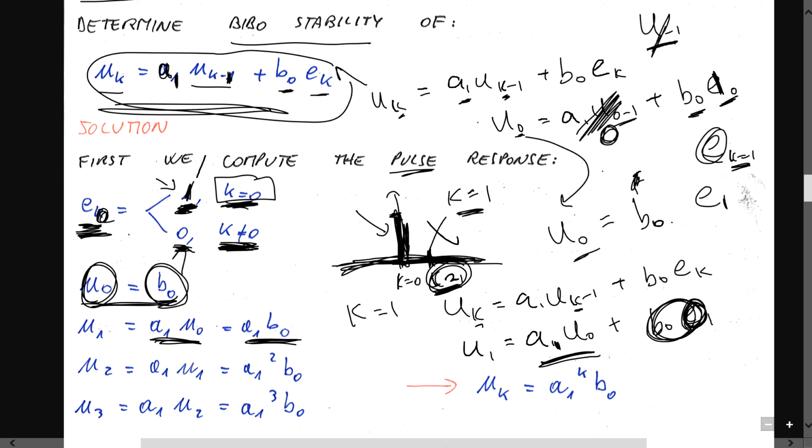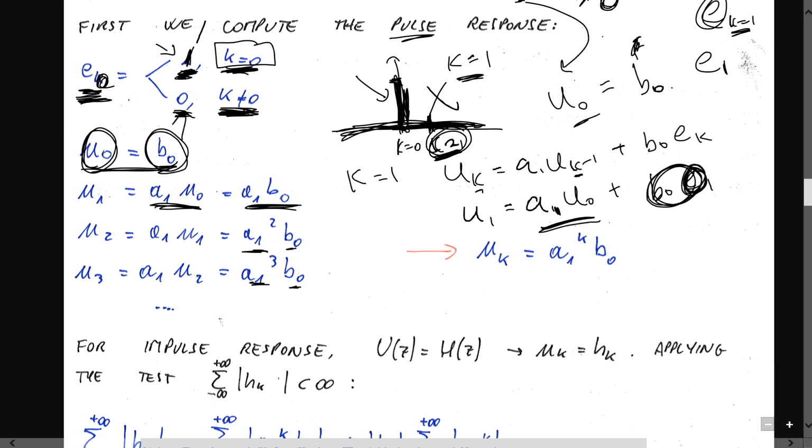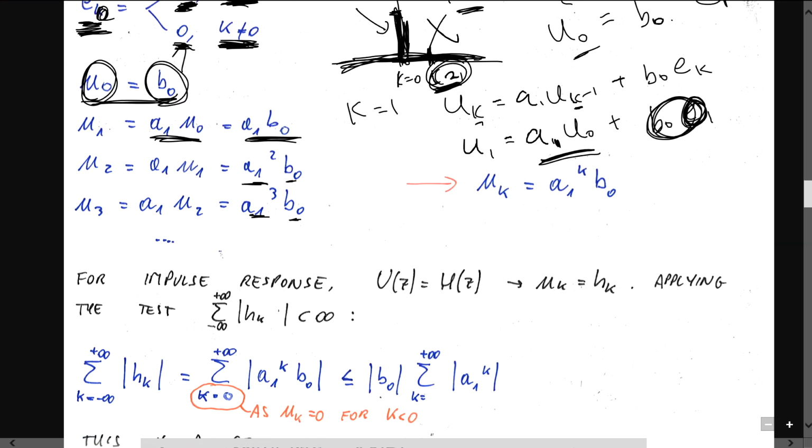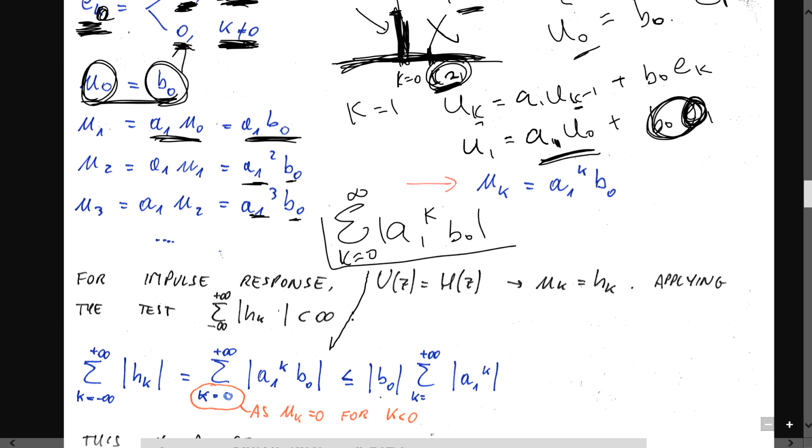And for the next continuous steps, you just do it yourself. You will eventually prove that you have A1 square B naught, A1 cube B naught, etc. So therefore, if you were to do a summation, you'll have A1 to the power k, B naught, summation from k equals 0 to infinity, magnitude. What I've written over here describes all this.